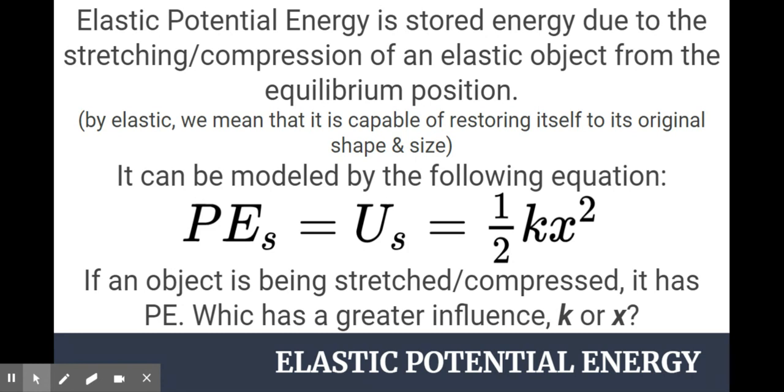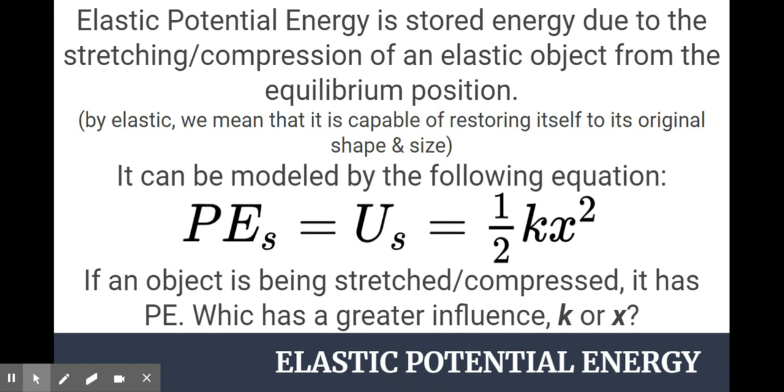For me, I see the S, I think of a spring. A spring is a classic example of where we can find elastic potential energy. That's how I remember it, but whatever works for you. So elastic potential energy equals 1/2 kx squared.